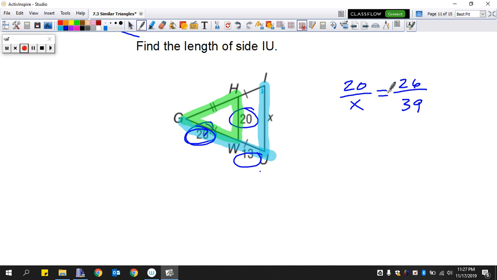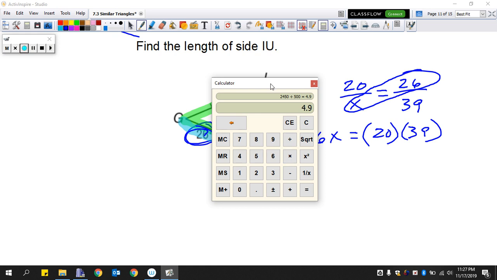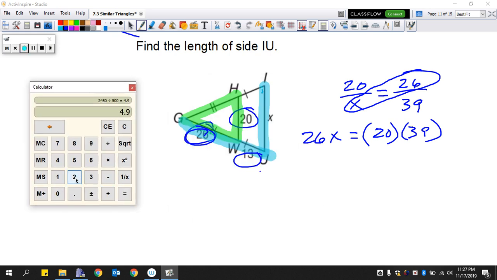Just looking at it, we know that x is going to be bigger than 20. Okay, so let's cross multiply. 26 times x is 26x, which is equal to 20 times 39. 20 times 39 is 780.